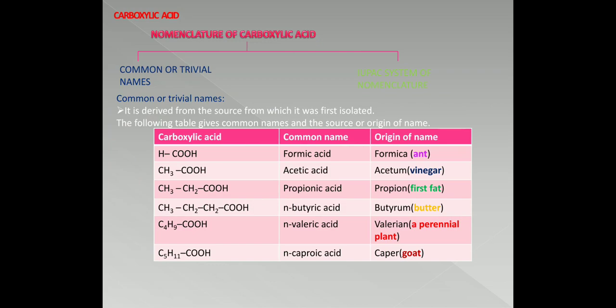CH3CH2COOH, propionic acid, that is from protopion. Similarly, butyric acid from butter, valeric acid, and caproic acid. So the name is derived from its origin. In branched carboxylic acids, the position of substituents is indicated by Greek alphabets alpha, beta, gamma, delta, etc.